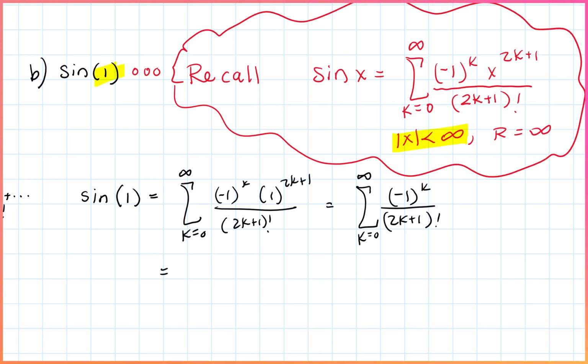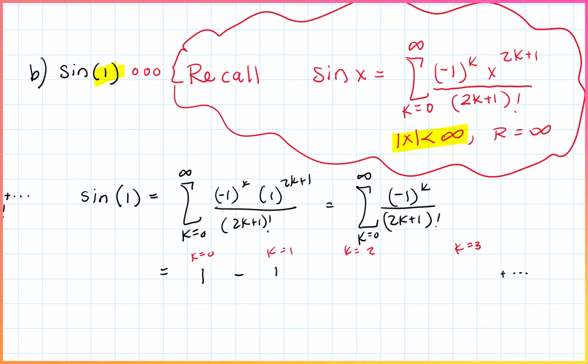And when we start writing that out, let's write out the first four non-zero terms. So k equals 0, k equals 1, k equals 2, and k equals 3. It helps me to have that visual there to see what I'm plugging in, and then we'll keep going. When we plug in 0, we get 1.